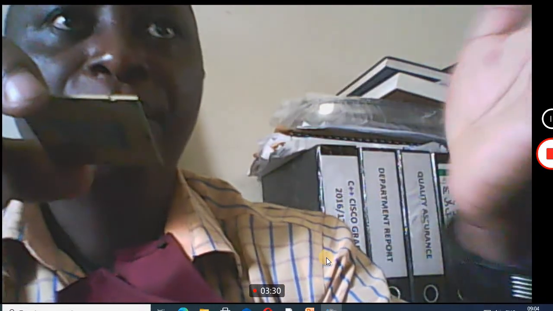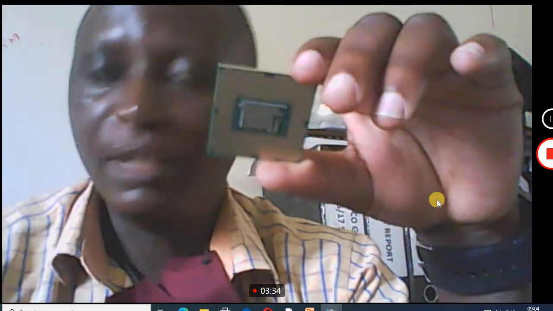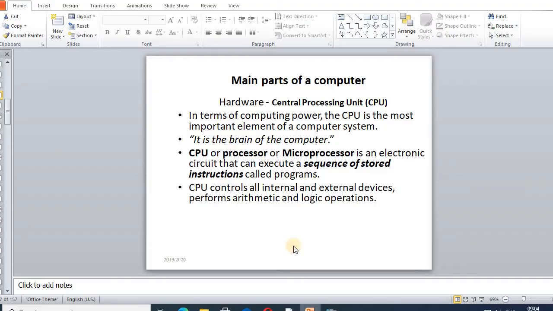So this is what I call a CPU, or we call it a processor, microprocessor, or central processing unit. And at this particular time, we are looking at a hardware, particularly the central processing unit, in bracket CPU, in terms of computing power. We look at the computing power, how fast this processor is.